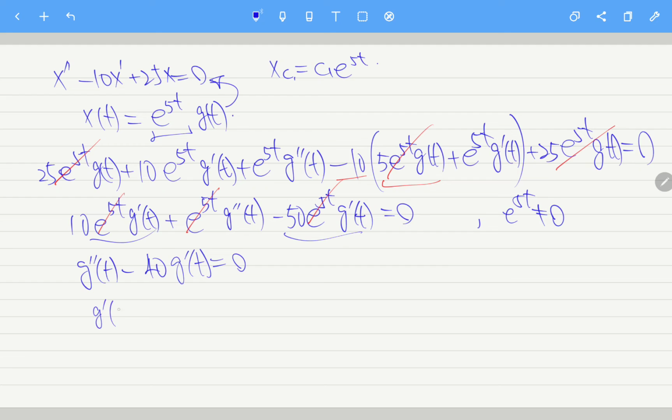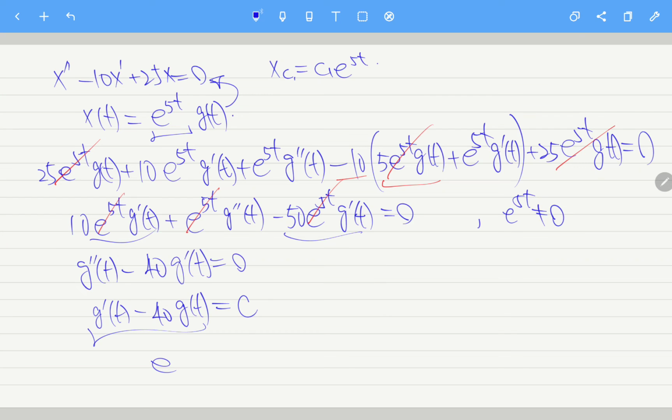Okay, so in this case, let us just integrate on both sides. So we have g prime of t minus 4t g of t equals a constant c. Okay, so for this one, the solution will be something like exponential to.